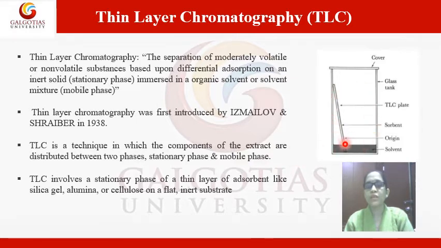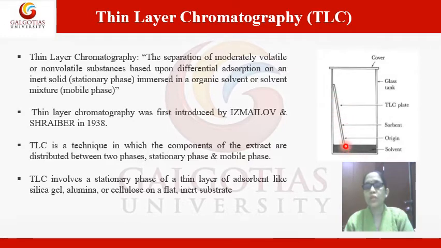See here, this is a TLC chamber that is mainly made up of glass, and this is the TLC plate where the sorbent, the adsorbent, is silica or alumina. Then these are the solvents, that is known as the mobile phase. The compounds are separated by the capillary action of the solvent. When the solvent moves up, the components get separated.